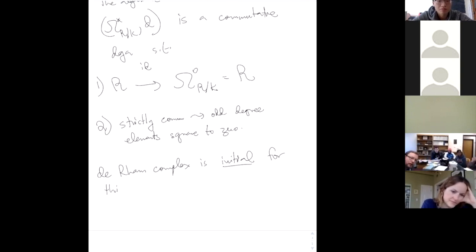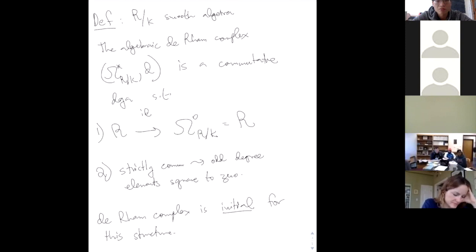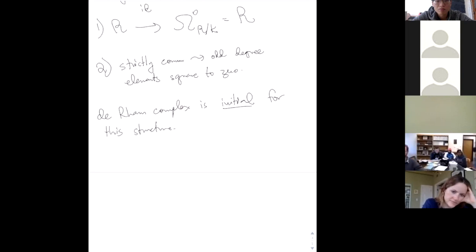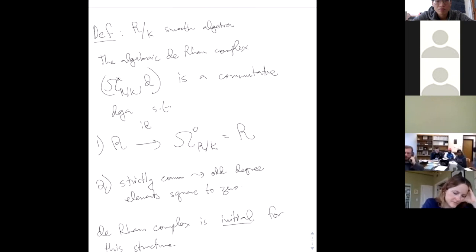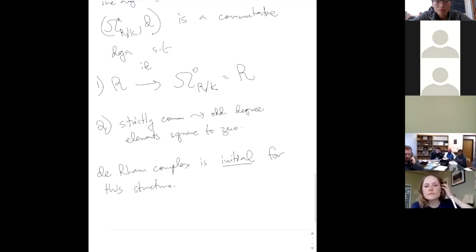So it's the initial strictly commutative differential graded algebra which receives a map in degree 0 from R. And this makes sense over any field. So you get a cohomology theory for varieties over any field, let's say smooth varieties.